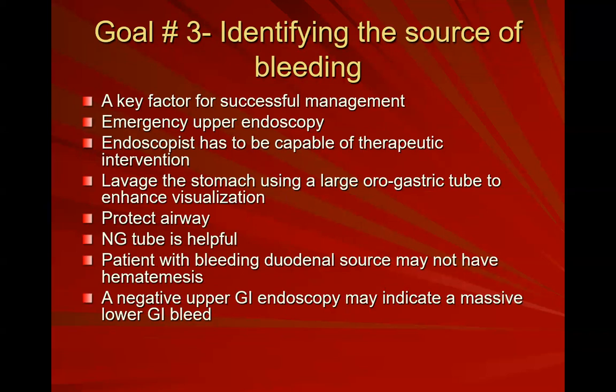Next is to do the investigations that would help you identify the source of bleeding. Here, emergency endoscopy plays a role, as it is both therapeutic and diagnostic. It might visualize where the bleeding is, and then if you identify it, you might coagulate with heat or epinephrine.